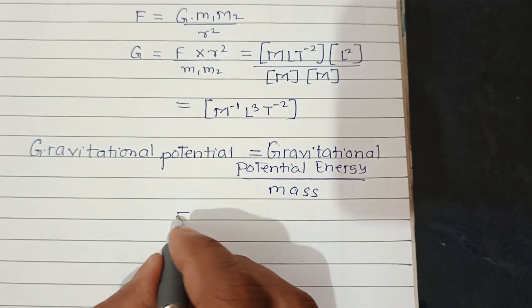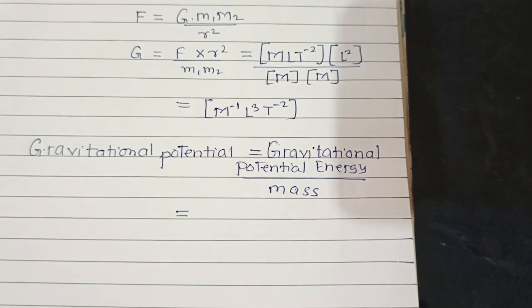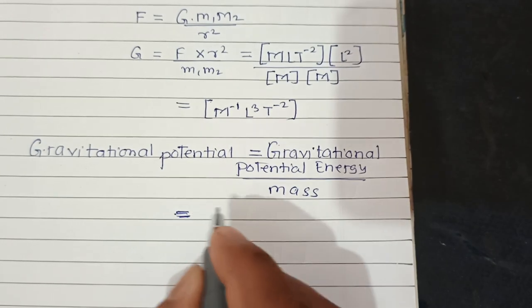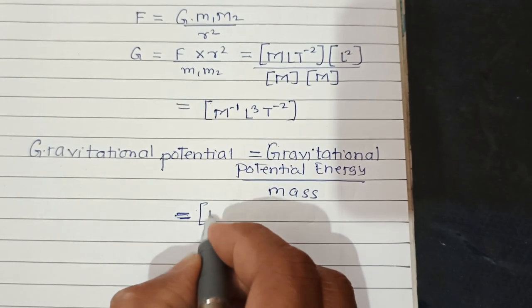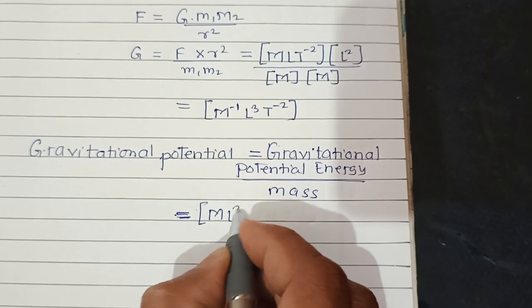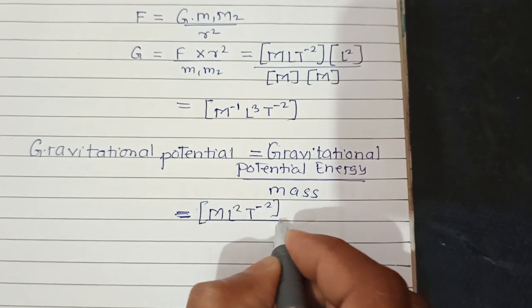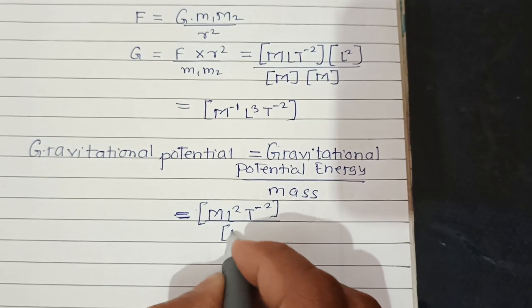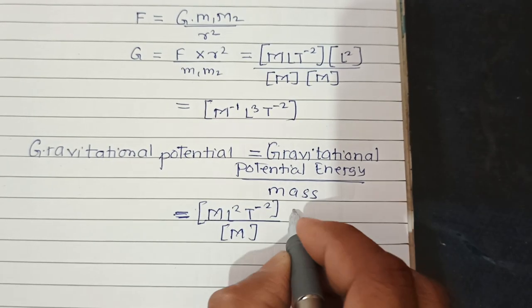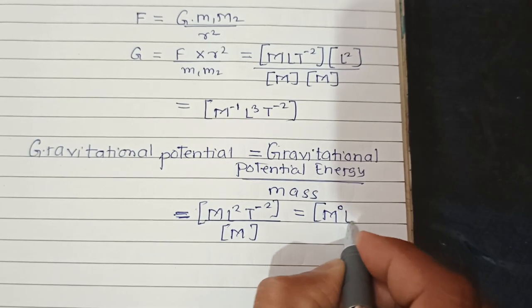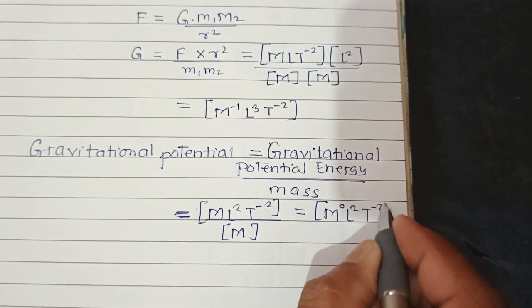So आपको मैंने बताया था एनी काइंड ऑफ एनर्जी which will be same dimension, so that is M L square T minus 2 upon m. So that is M naught L square T minus 2.